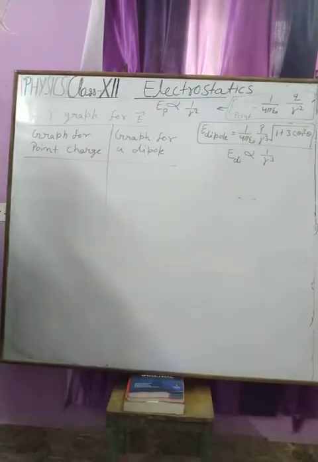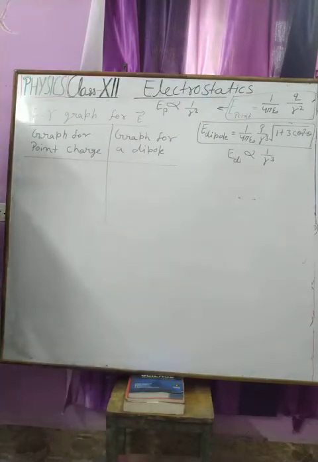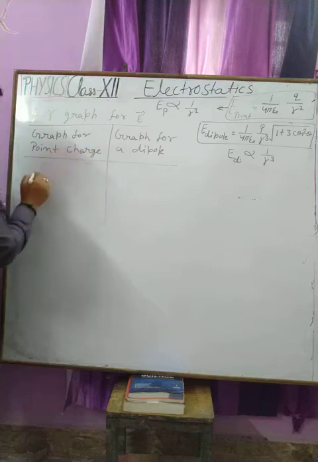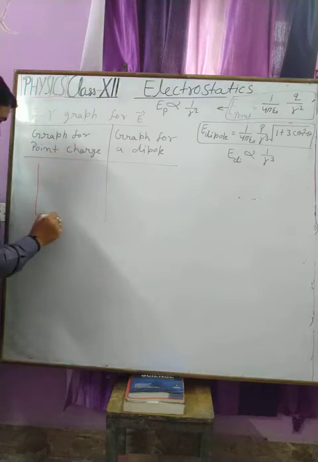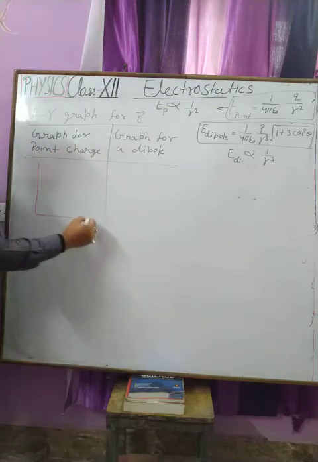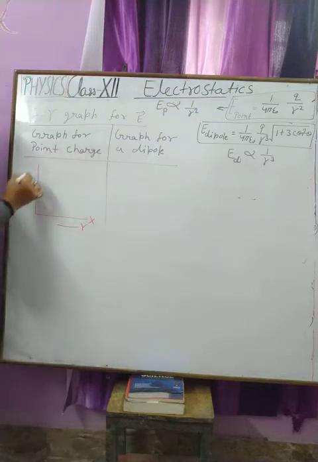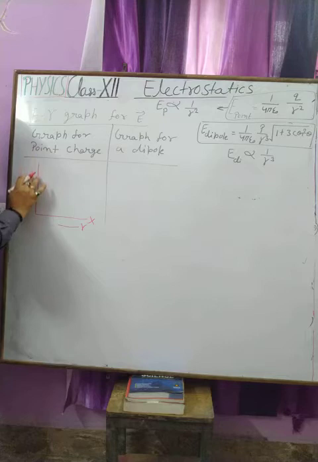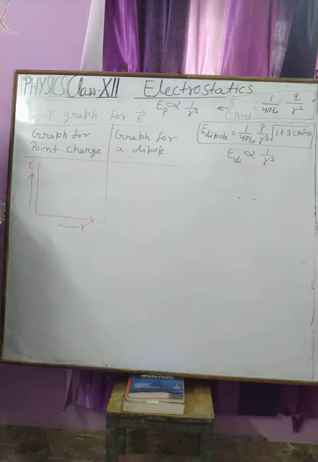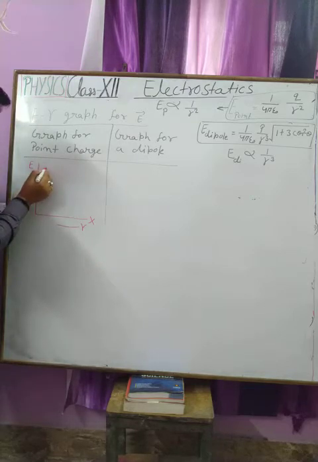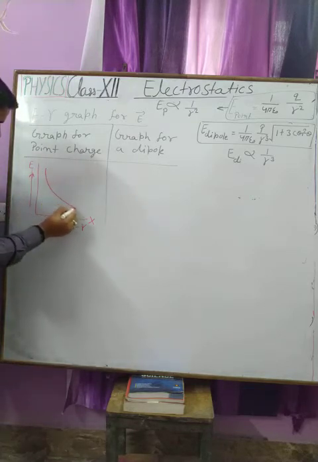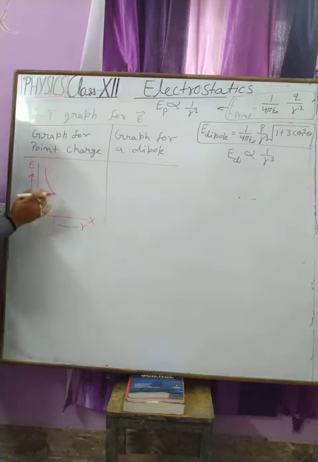Now for the graph for electric field due to a point charge, we use at the x-axis the distance and at the y-axis the intensity of electric field. So the electric field moves in this form.